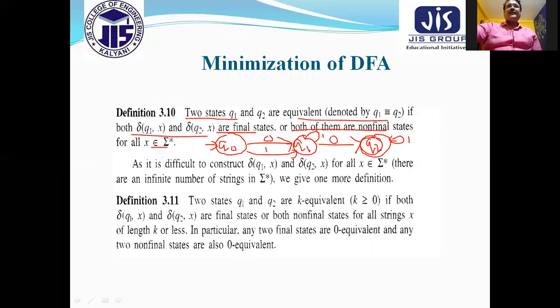Now if I ask, tell me whether Q0 and Q1 are equivalent for the input 0. You have to check that.